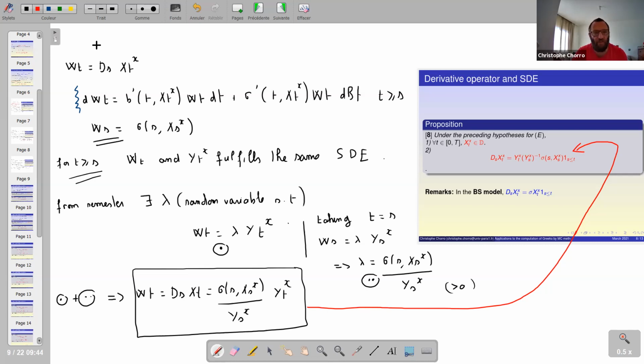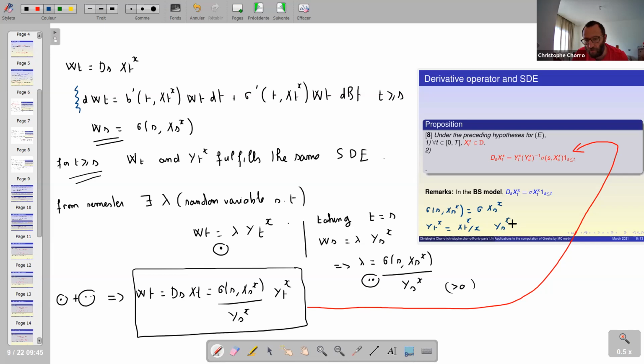So if I am in the case of the Black-Scholes model, keep in mind that you have sigma of s, X_s of x, which is just equal to sigma X_s of x. For the first variation process in the Black-Scholes case, you have just X_t of x divided by x.